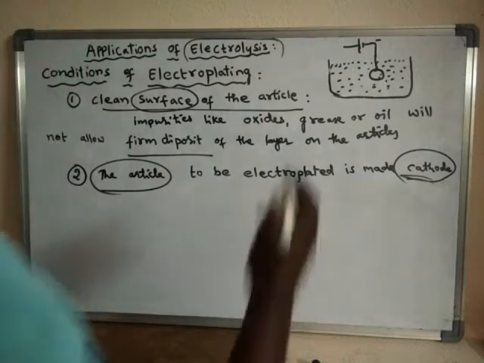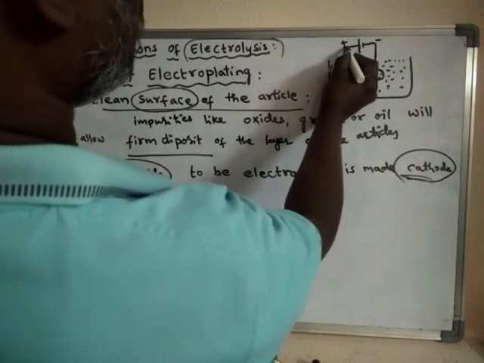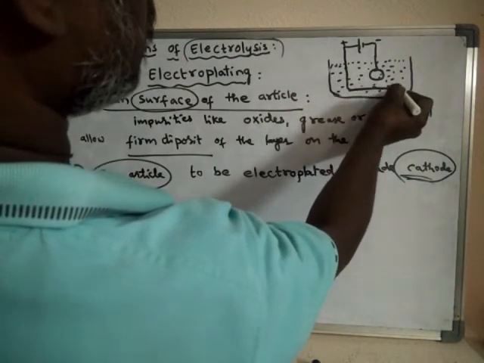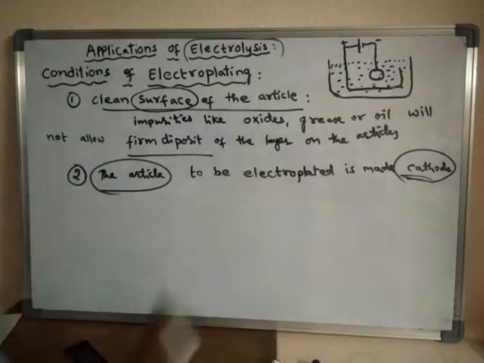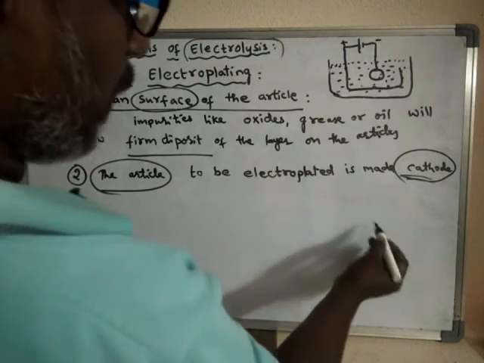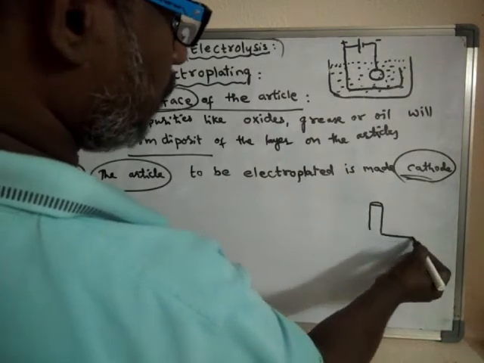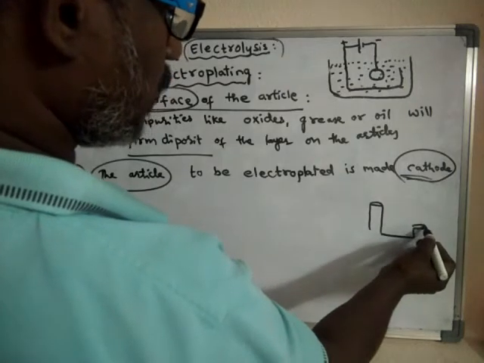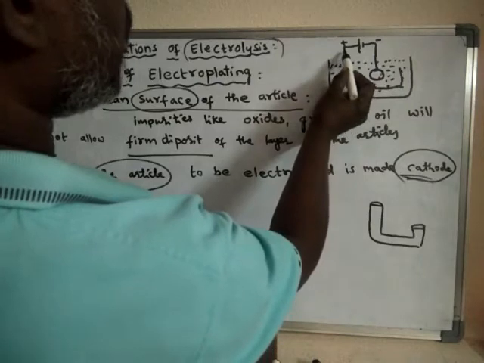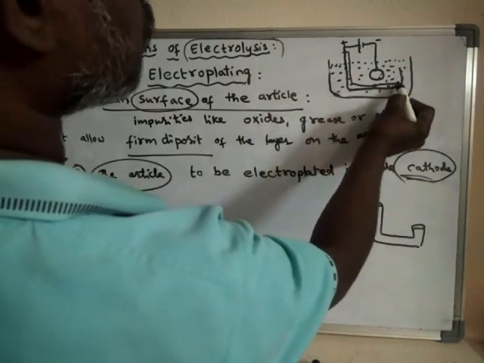The article or the base metal will act as cathode if it is connected to the negative terminal. And the positive terminal is connected to a pipe-like material, a hollow pipe, which means an empty pipe, like this, which surrounds that cathode.